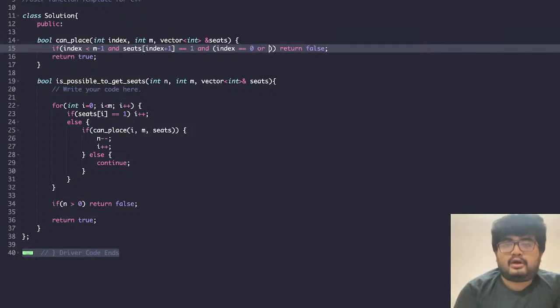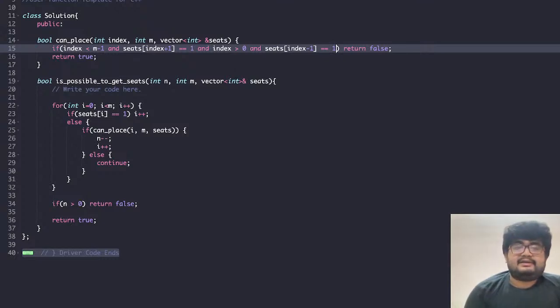Index is 0 or, okay, index is less than m minus 1 and seats of index plus 1 is equal to 1, return false. And yes, and index is greater than 0 and seats of index minus 1 is equal to 1.